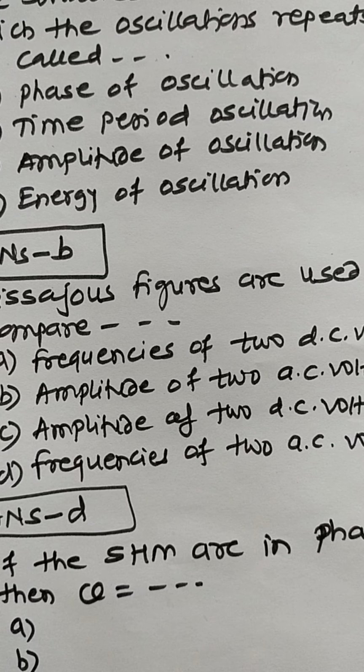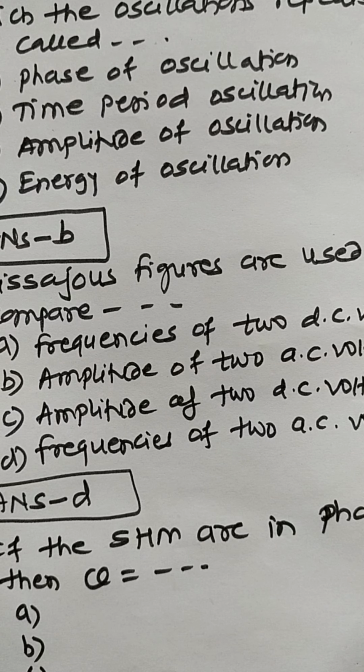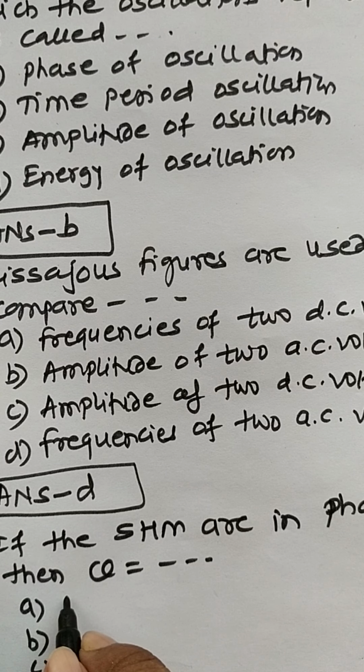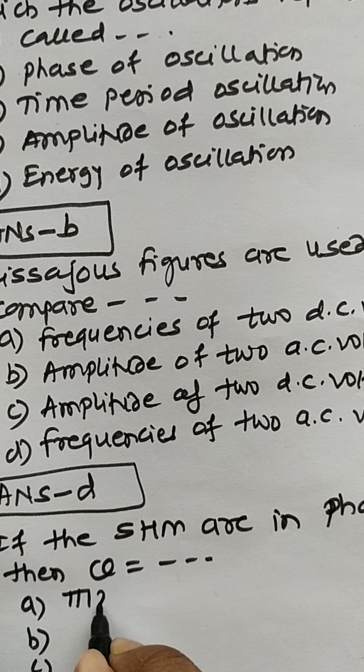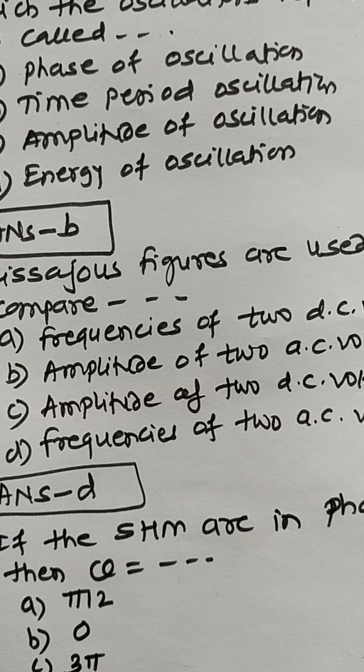A, B, C and D. If the SHMs are in phase, then theta is equal to, first A, pi by 2, then 0, 3 pi and 2 pi.